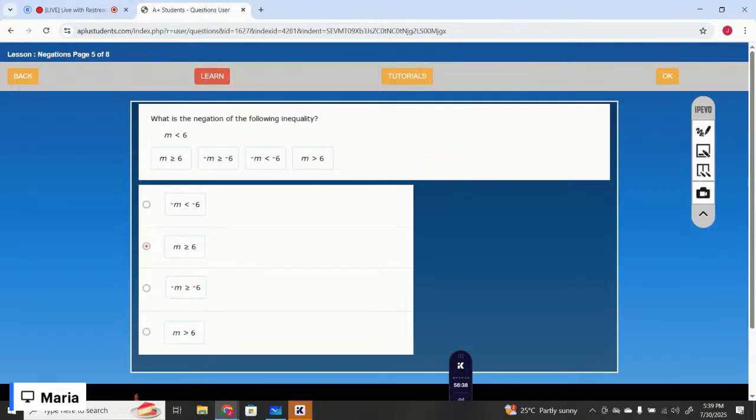What is the negation of the following inequality? M is less than 6. That is m is greater than or equal to 6.